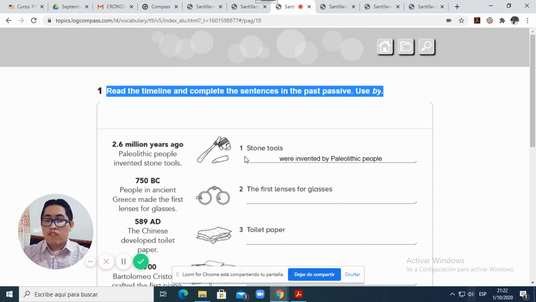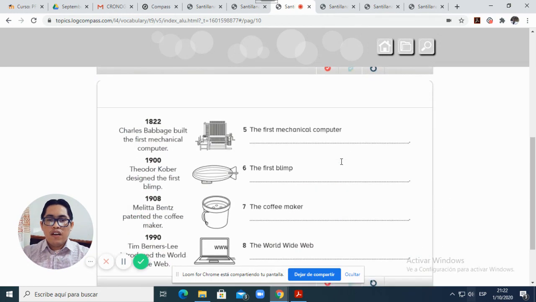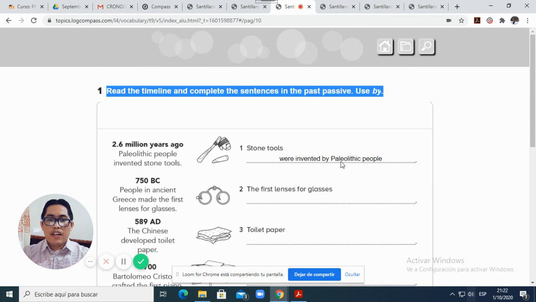And this is an example I wrote for you. Stone tools were invented by Paleolithic people. So because we are talking about tools, it's a plural word. We use were and the past participle invented. You do the same in lesson 10, okay? You write these sentences in the passive.